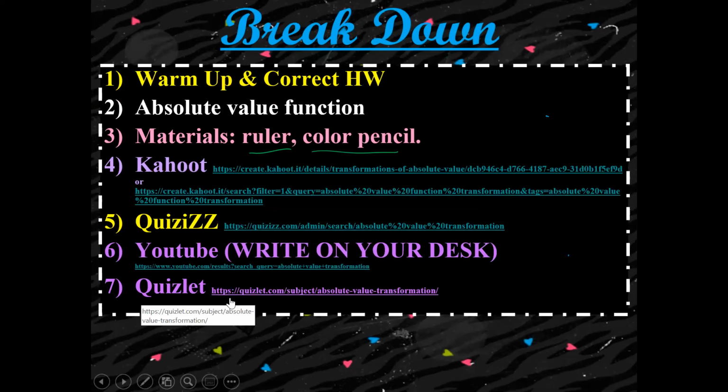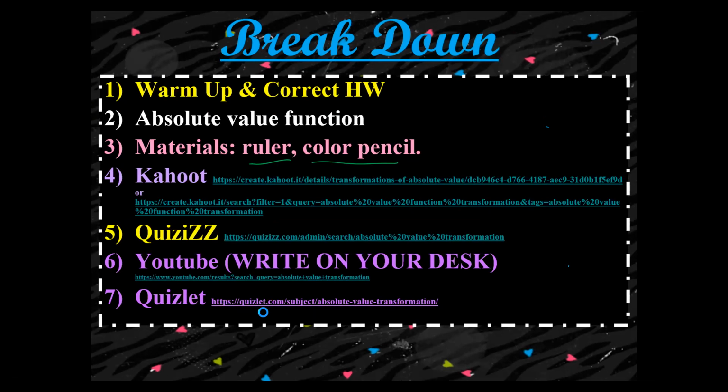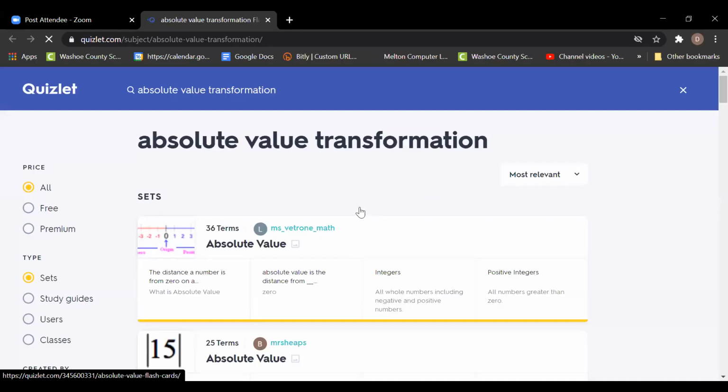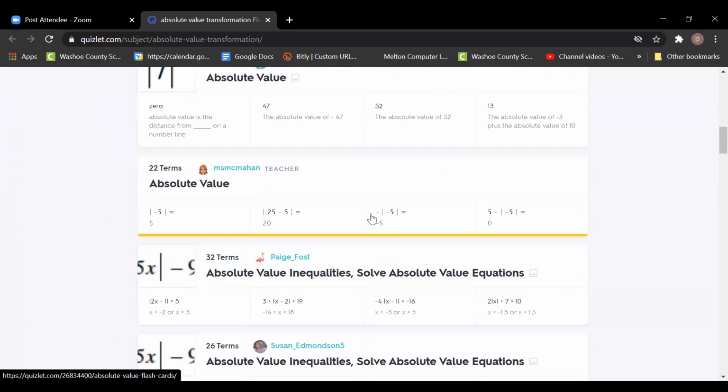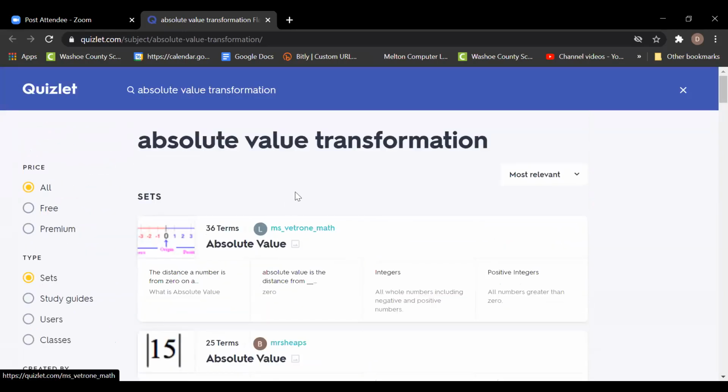So you just go to quizlet.com/subject/absolute-value-transformation/. Once you type that in, you're going to come over here and you could pick any one of these and take a look at the practice terms for absolute value.